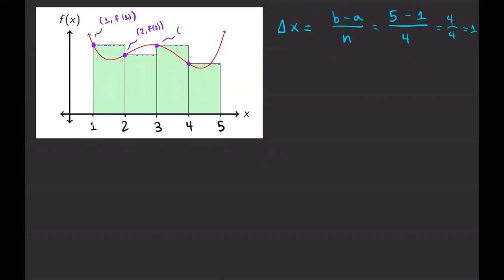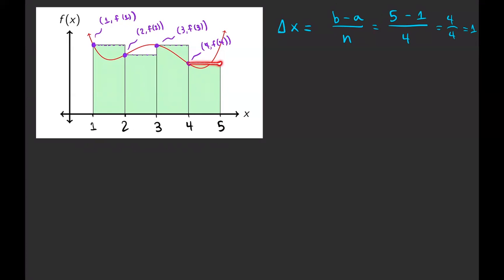Obviously, this requires us to know what our function is. In this general case, we don't specifically know what our function is, so we can't state exactly what it is. But it's just f of 1, 2, 3, and 4. And so now we're good. We know we have all of our points here. You'll notice that we don't need to bother with f of 5, because once we get to 4, we go all the way to 5, and then we're done.